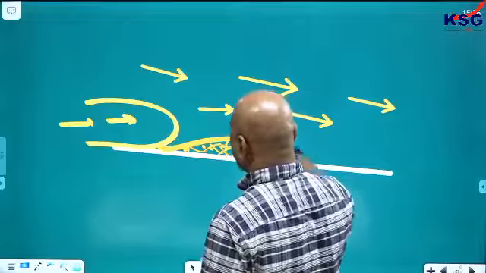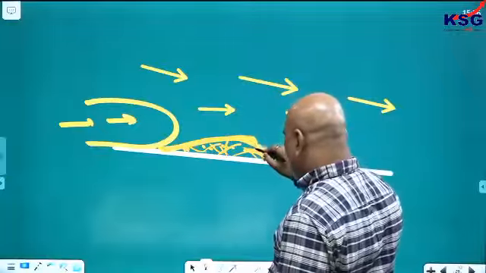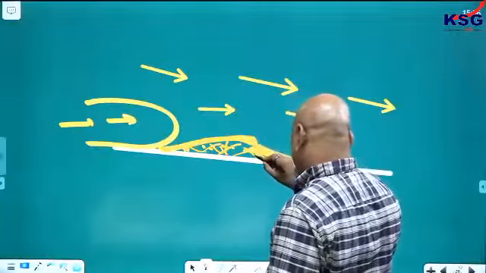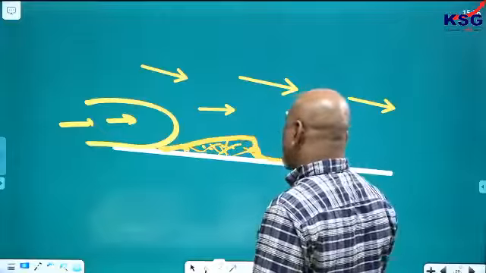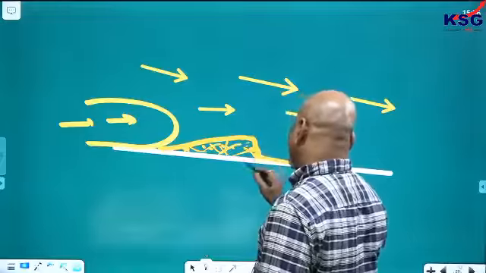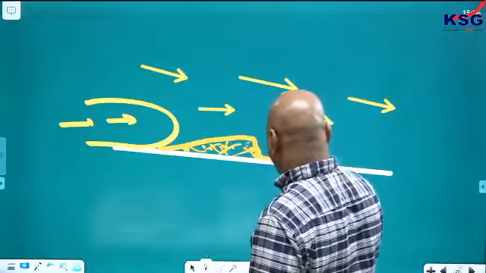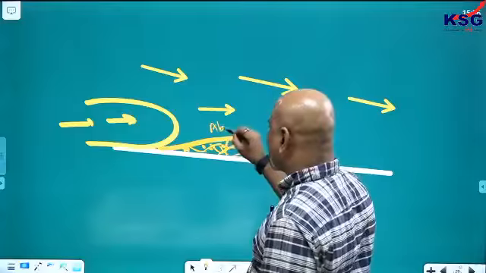Now what happened? Because of more weight of this glacier, here it will have more deeper erosion. More deeper erosion leads to this type of thing. So what happens here is more plucking, and on this side you have abrasion.